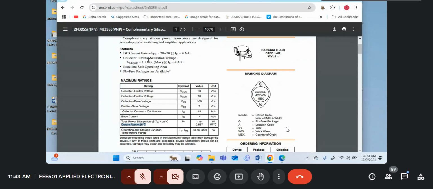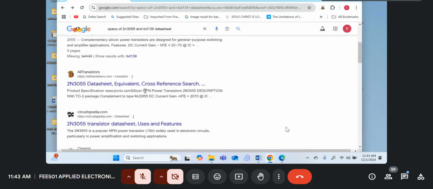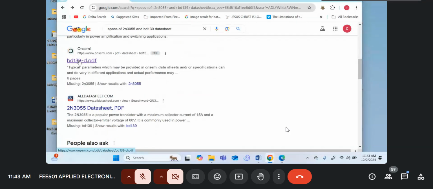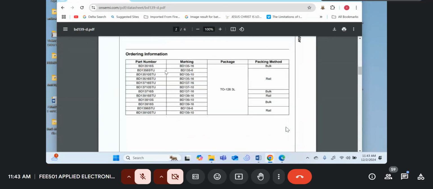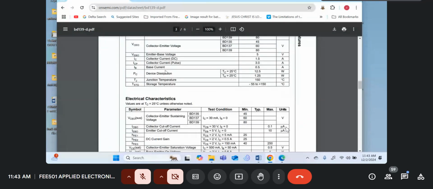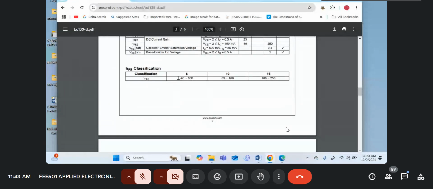Okay, so we're looking at the current gain. This one we got 20 to 70. And the other one, the lowest one, we got the current gain to be 40 to 100.